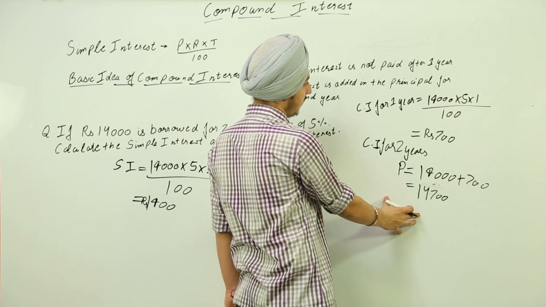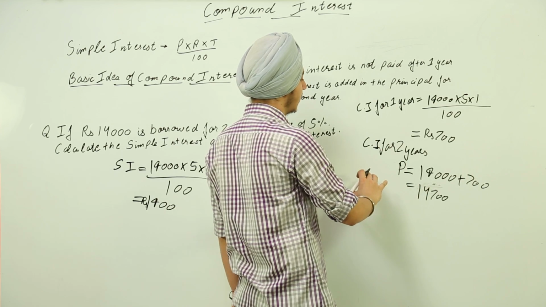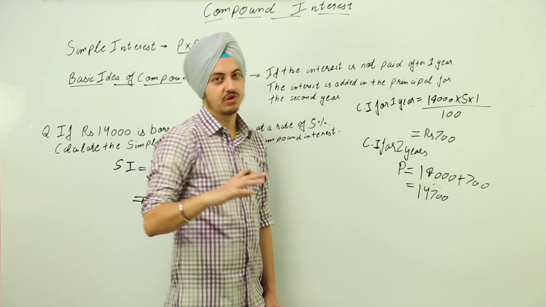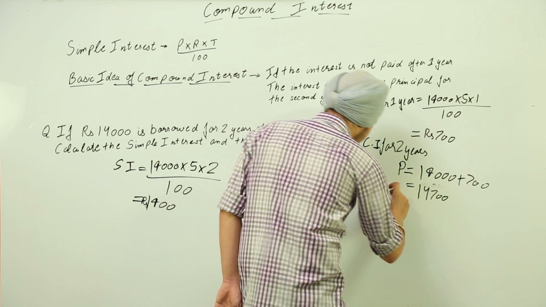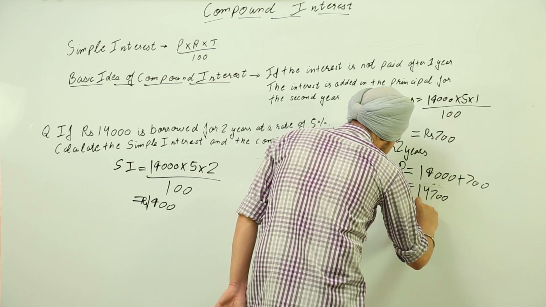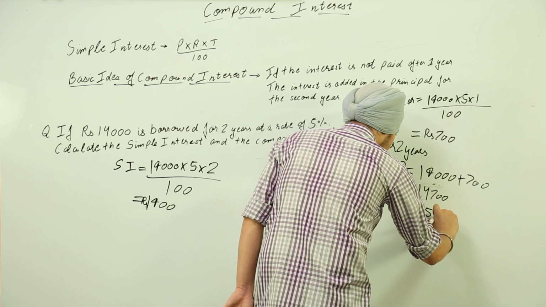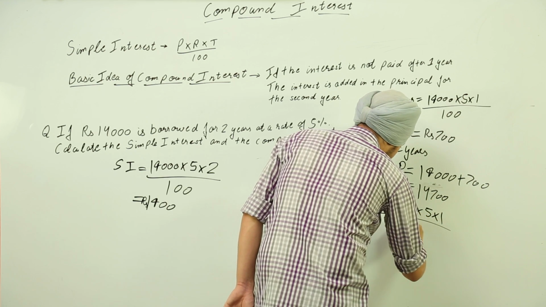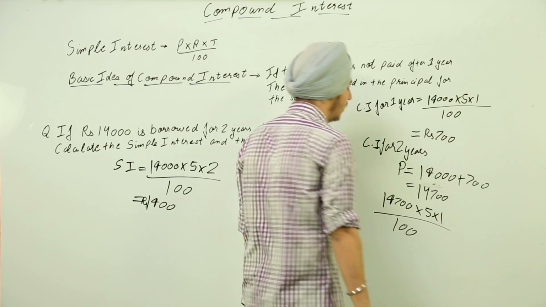So this is the principal. Now we have to calculate the compound interest for the second year, which will come out to be, principal is 14,700 into 5 into 1 over 100.